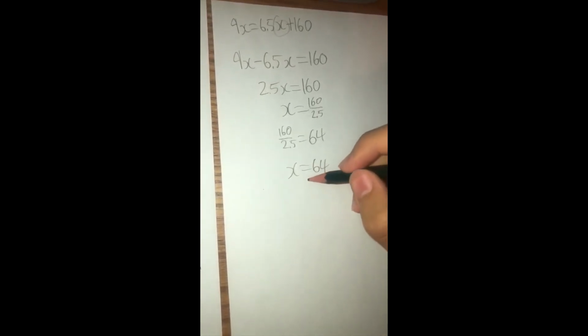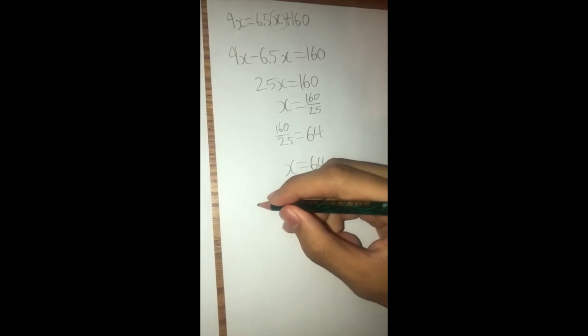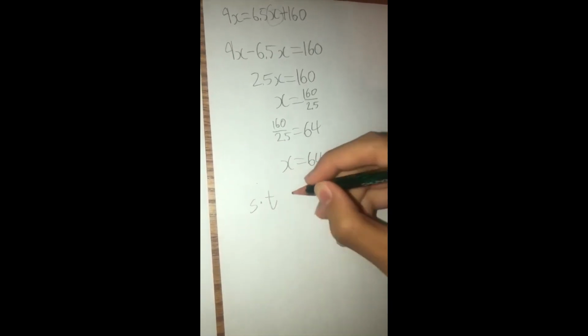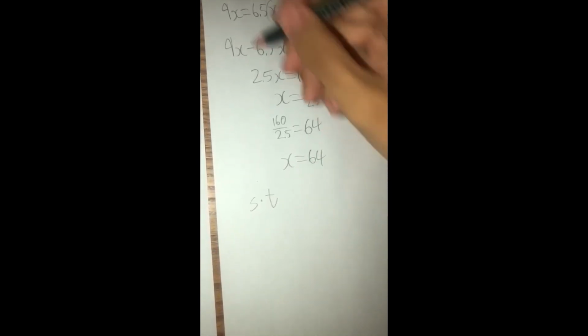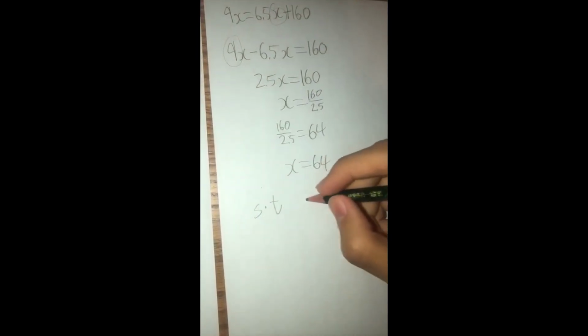The formula for calculating the distance is to find the units in speed and multiply that by the units of time. Now the units of time is 64 and the unit of speed is 9. So we can just substitute our values in.